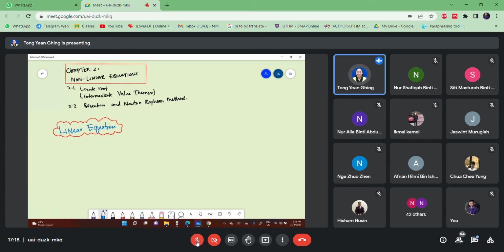A linear equation is normally one whose graph is a straight line, like y equals mx plus c. Actually, a linear equation is when the unknown, the variable, is in degree 1.